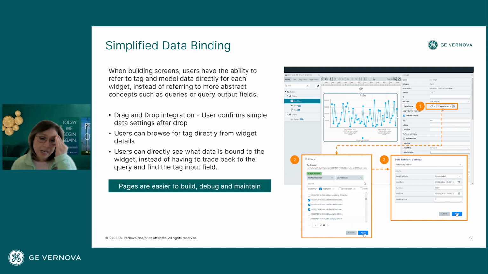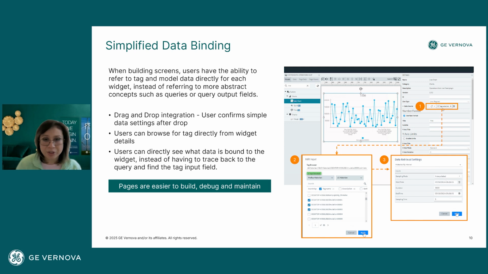And if you decide, hey, I'm looking at this current value and I want to change to historical value, now you can do that directly from the widget. You don't have to go to the page and remove one source of data and add a new source of data. You can do all the work you need right within the widget. So the goal here, hopefully with these changes, is that your pages are easier to build, right?